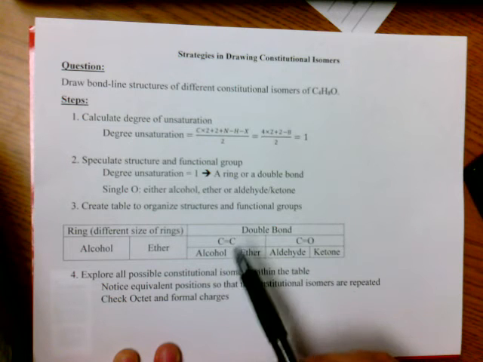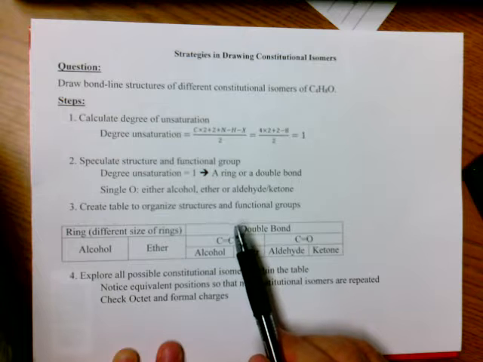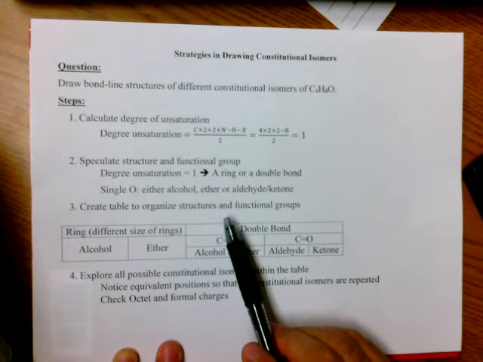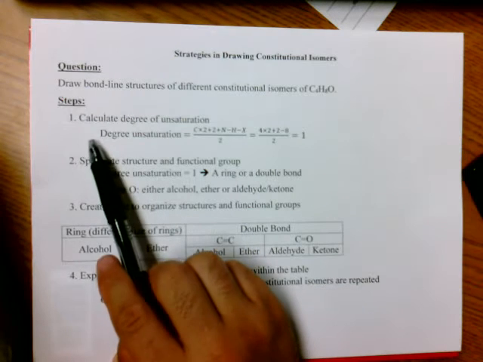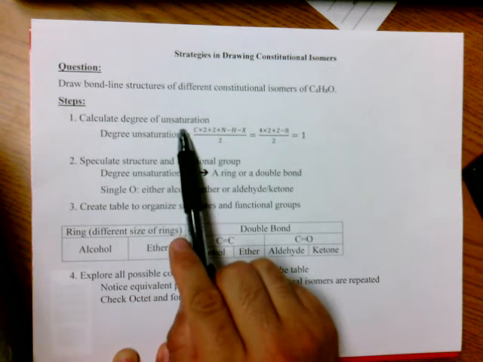Since for constitutional isomers we have so many different possibilities, certain strategies can be certainly helpful. So in this case, I would recommend calculating the degree of unsaturation first.